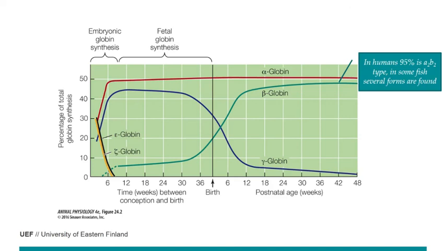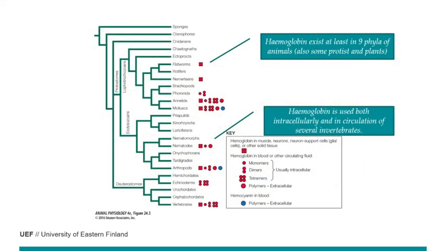About 5% of the hemoglobin in adult humans is another form, not this A2B2 form. And in some other animals, like some fish, there might be 80% having one type and 20% another. So there can be several forms at the same time in the circulation. And the hemoglobin is actually quite widely distributed.